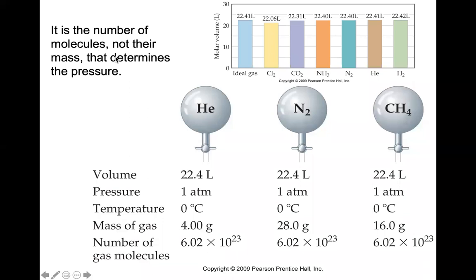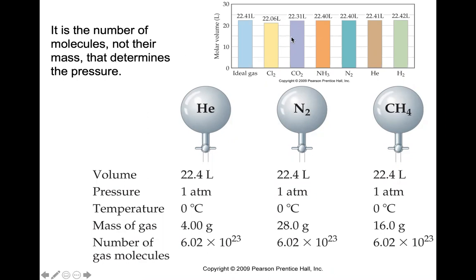But this idea of what contributes to the pressure, if we look at the equation PV equals nRT, n was the number. There's no relationship there telling me the mass. So if we look at the relationships within PV equals nRT, mass isn't showing up in that. That's one thing that we're going to explore.